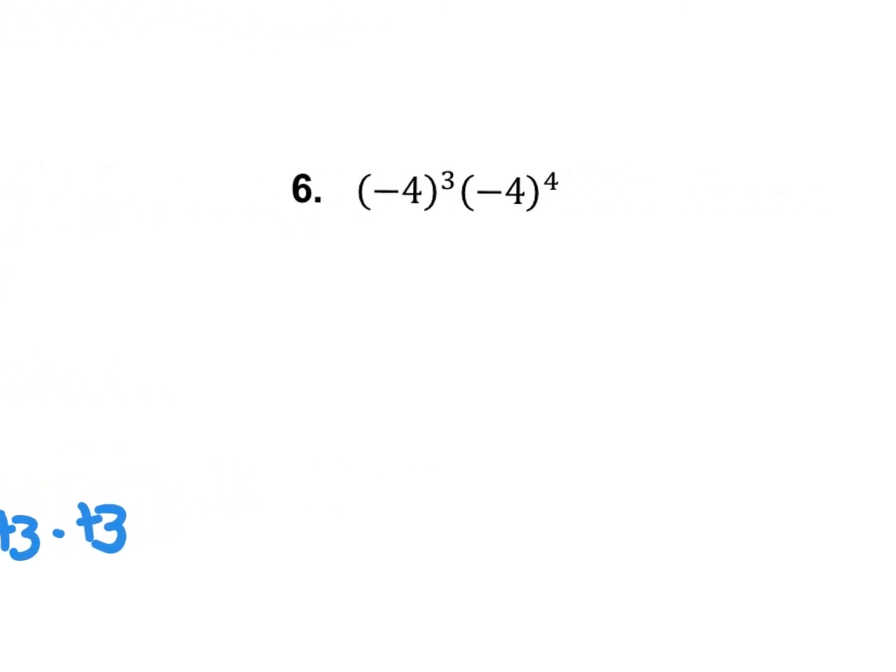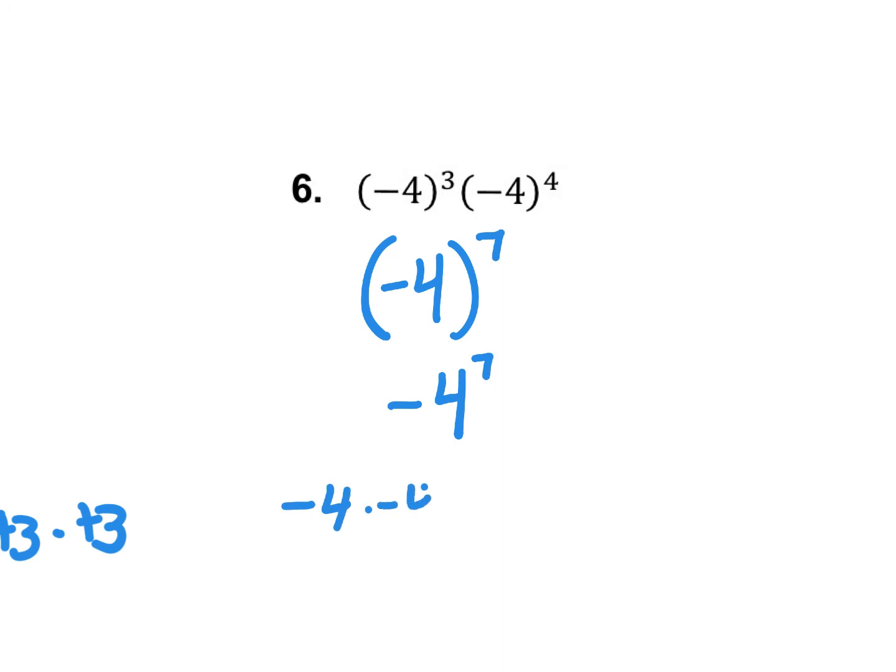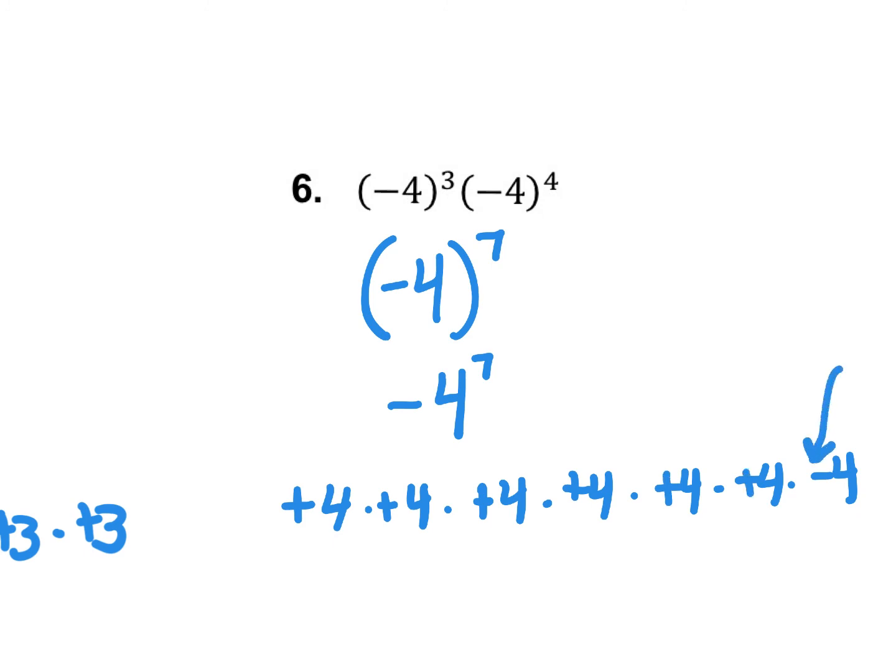Okay, so in this one, you can leave the -4 in the parentheses and add the exponents and just leave it like that. This time, if you wanted to take off the parentheses, you would keep the negative sign, because if I had 7 of these lined up, the negative signs would cancel each other out in pairs, and there would be this 1 extra negative sign.